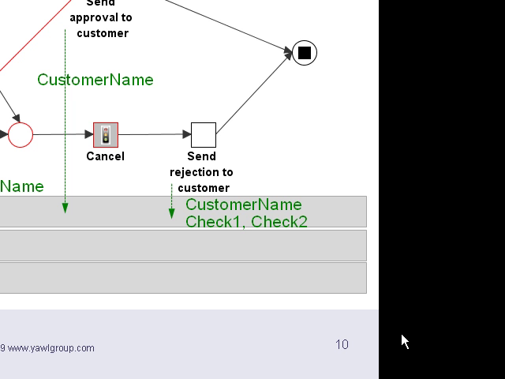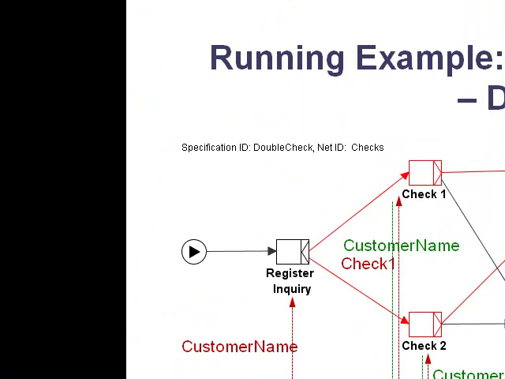Data in YAWL is defined at case level, where the data flowing to and from the different tasks is explicitly defined. All data definitions are done in the YAWL editor. This too will be exemplified during the tutorial for the YAWL editor. Note that the data used in this example is minimal, similar to the whole example. However, it is enough for exemplifying the basic ideas of data manipulation in a workflow management system.